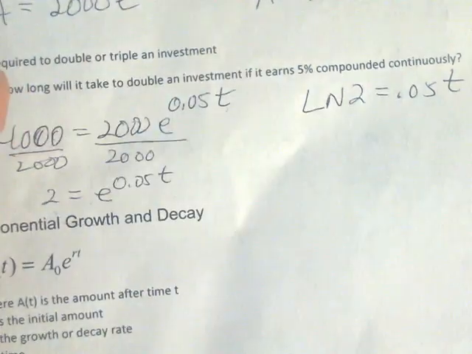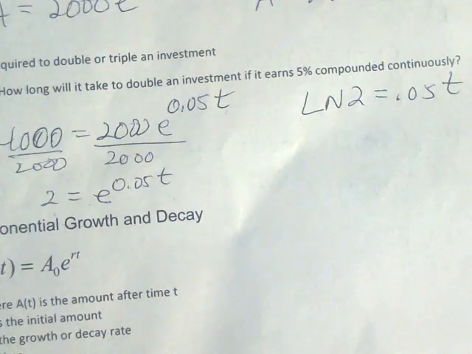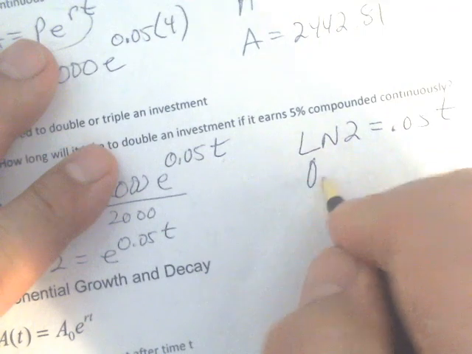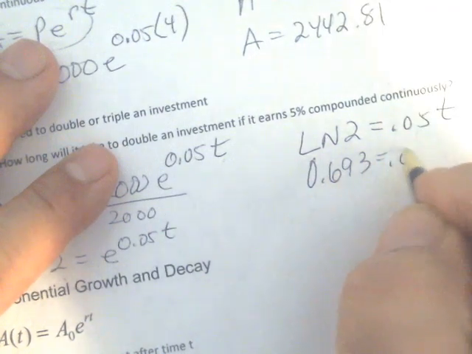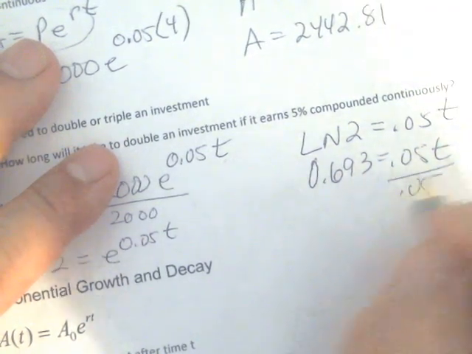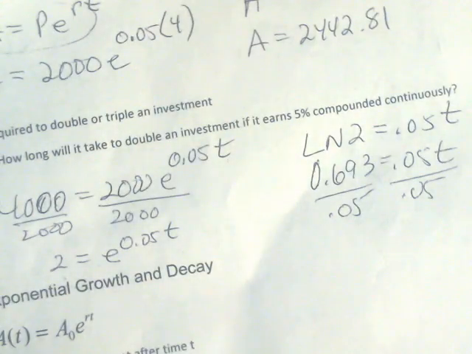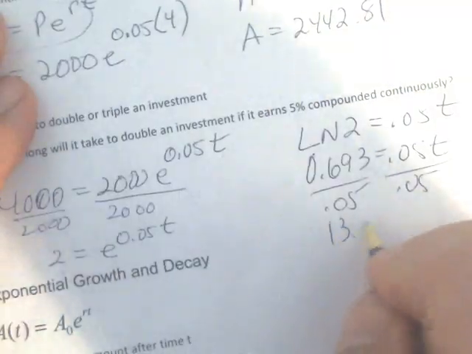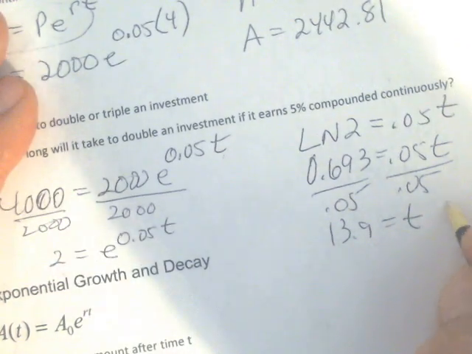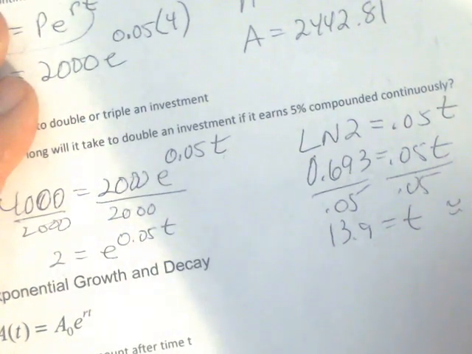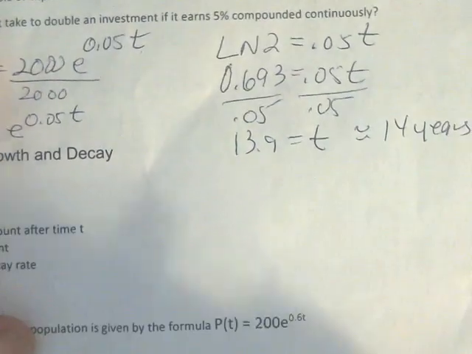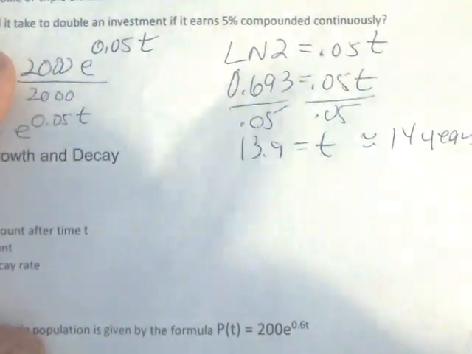So then I take ln of 2, natural log of 2, and I get 0.693 equals 0.05 t. Divide both sides by 0.05, and I get about 13.9 is t. So about 14 years for an investment to double in value at 5%.